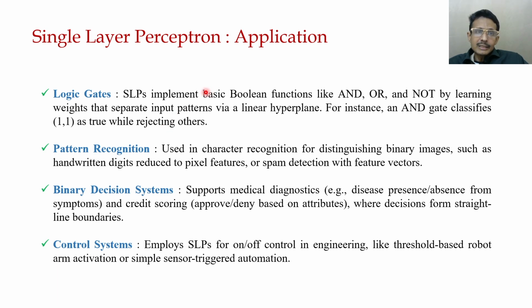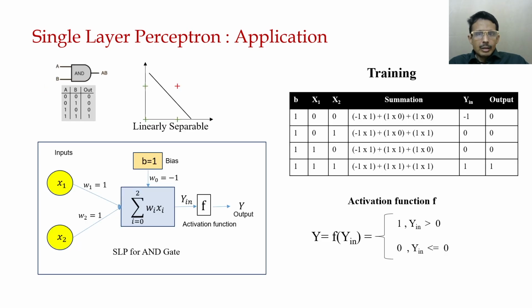Now we can use this single layer perceptron. Now we are going to understand how a single layer perceptron can be used to implement a simple logic gate, for example the AND gate. As you know, the logic for the AND gate is 0 0 is 0, 0 1 is 0, 1 0 is 0 and 1 1 is 1.